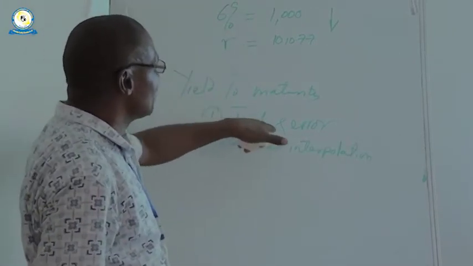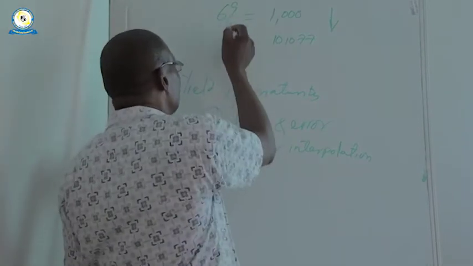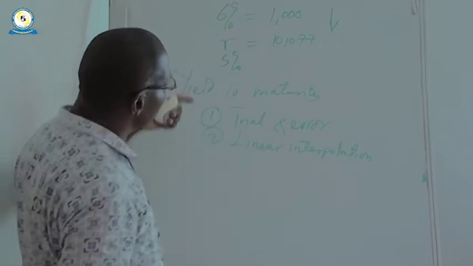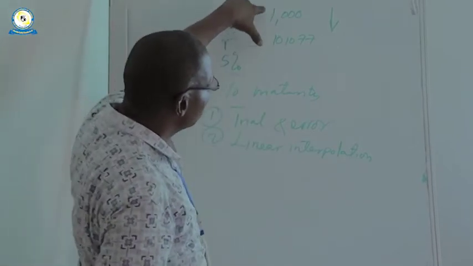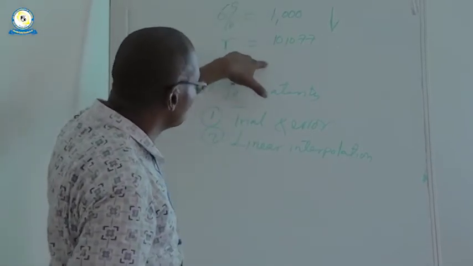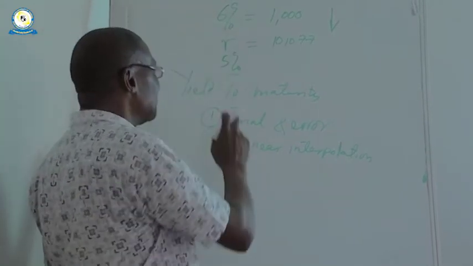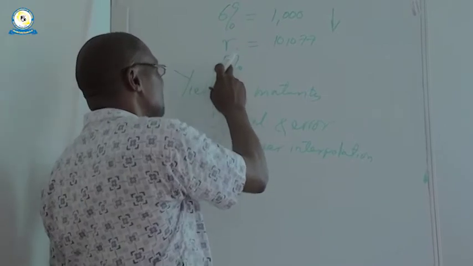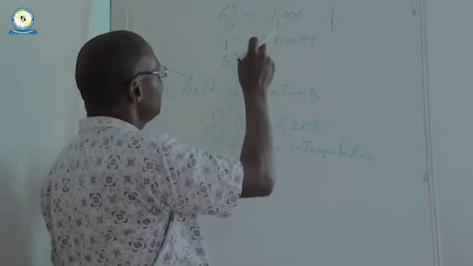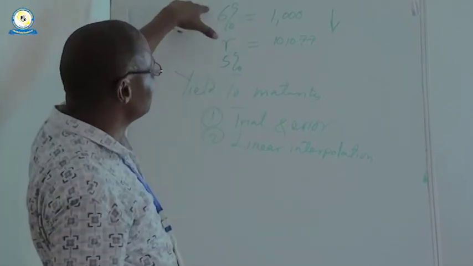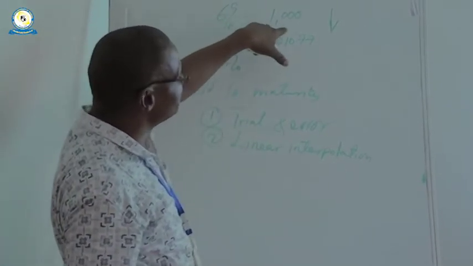What about if we use 5% here? Because the price needs to increase, the rate is supposed to decrease. You can try 5%, 4%, 3%, so long as we are decreasing the rate to see the effect.